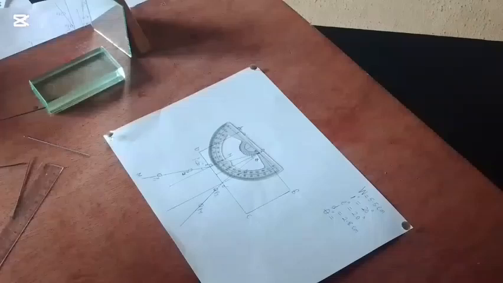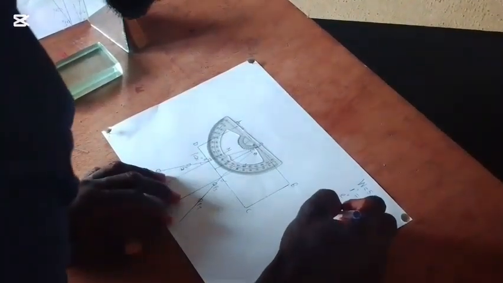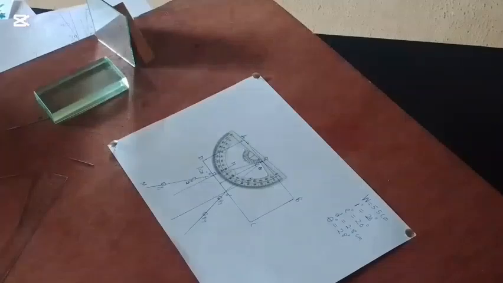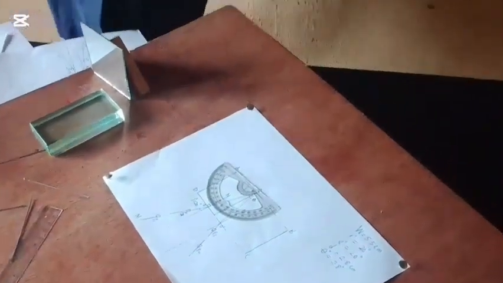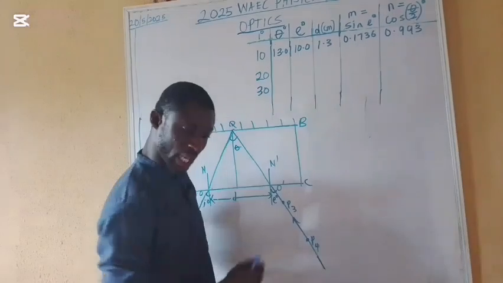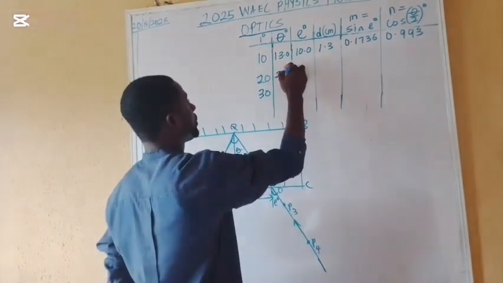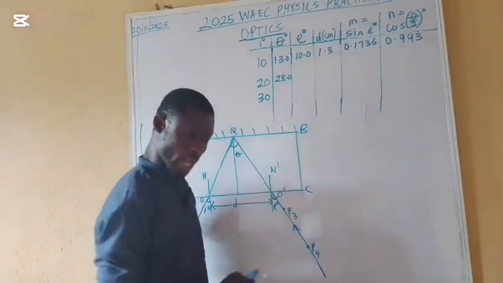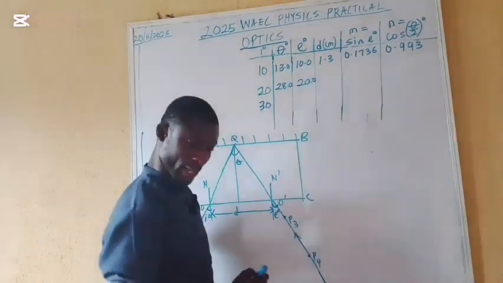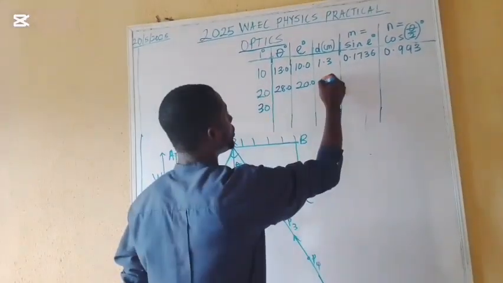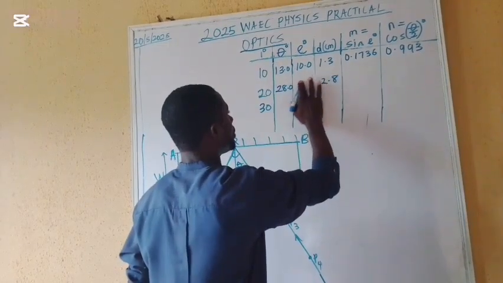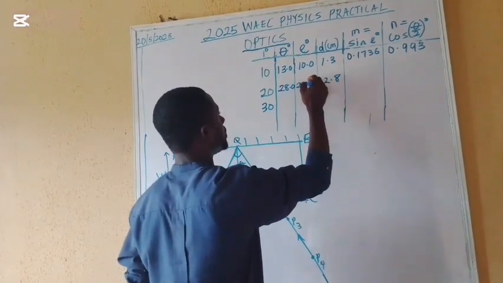So my theta is 28 degrees. So let's write our value on the board. Our theta 28.0, our E 20.0, our D 2.8 is 20.0.